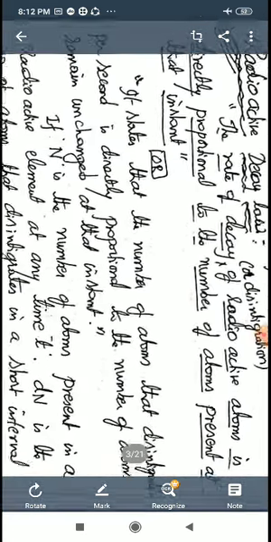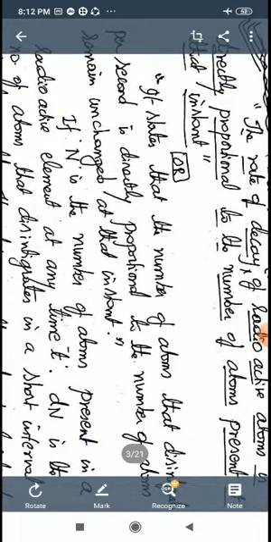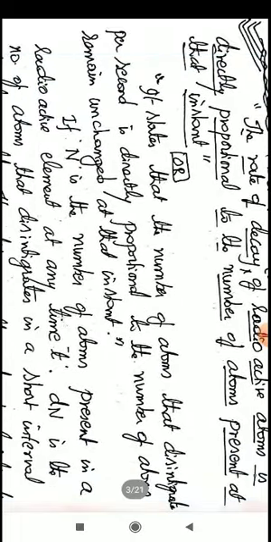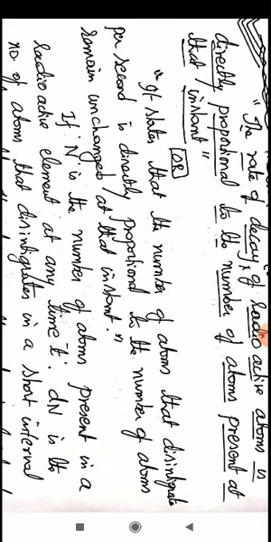Or we can define it in another way also. It states that the number of atoms that disintegrate per second is directly proportional to the number of atoms remaining unchanged at that instant.